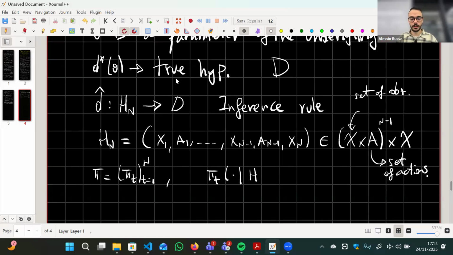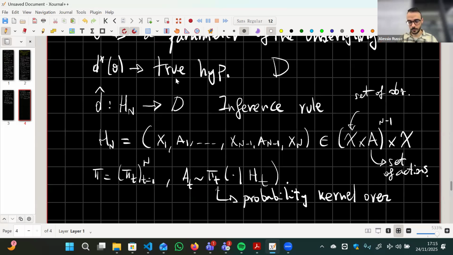The action in each round is sampled from this probability kernel that is a function of the history up to that time step. So this is a probability kernel over the action space.